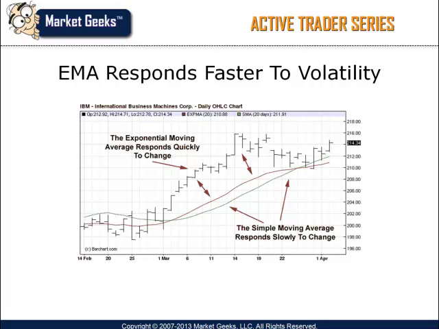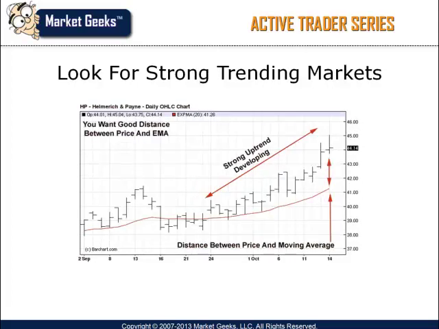The EMA proved much more responsive to short-term price fluctuations and demonstrated better response to momentum and volatility. You can see by looking at this chart how much more responsive the EMA is compared to the simple moving average, or the SMA. After adjusting the EMA to 20 days, I demonstrated the precise entry method that we will use to enter the market using the 20-day EMA.